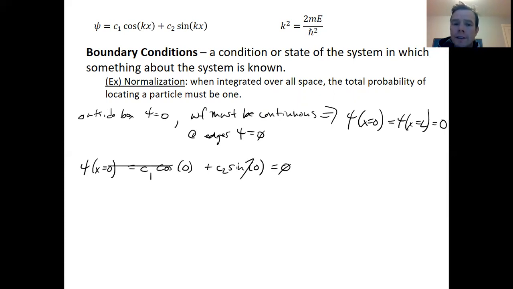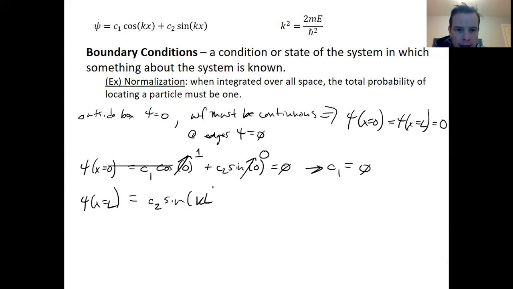Remember that the sine of 0 is 0, so this one's going to go away. The cosine of 0 is 1. And this condition requires then that C1 be equal to 0. I plug in the other condition. I get C2 sine kL equals 0.